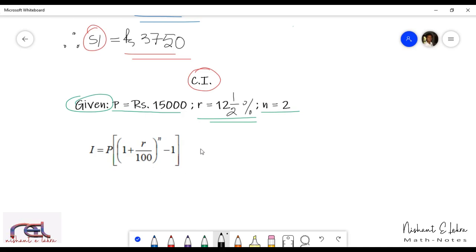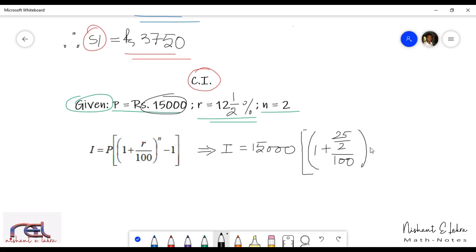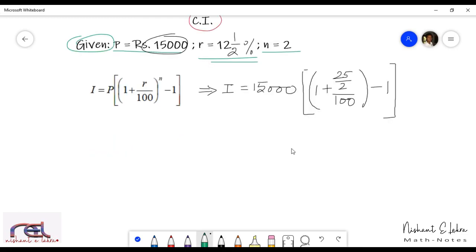We'll just replace the values here. 1 plus 25 by 2 divided by 100. And according to the formula, we have to write minus 1 and close the bracket.